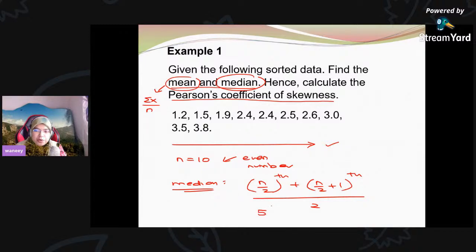So I have to find the fifth term plus the sixth term and divide by 2. This is x1, second, third, fourth, fifth. My fifth term is 2.4 and my sixth term is 2.5. So 2.4 plus 2.5 divided by 2 is 2.45. That is your median.